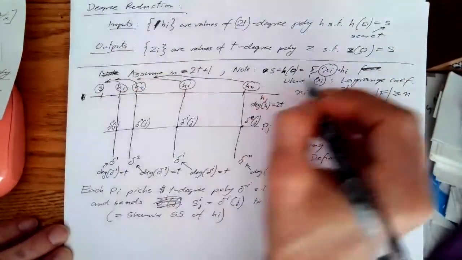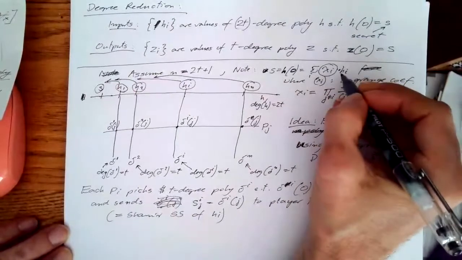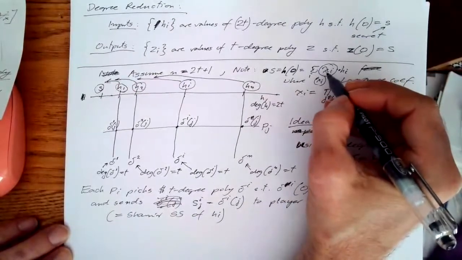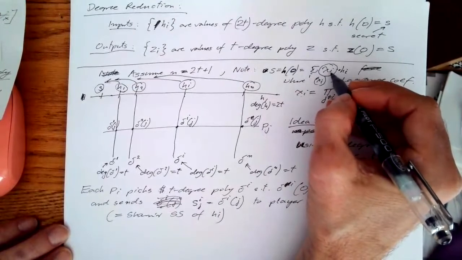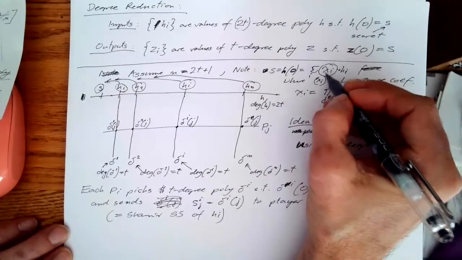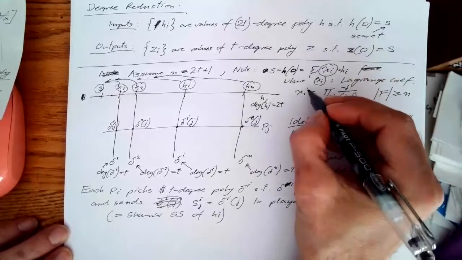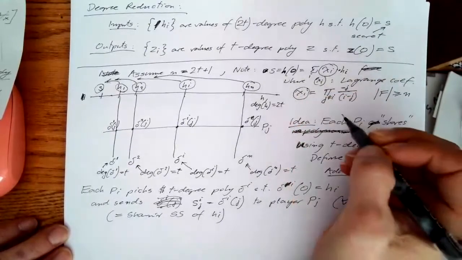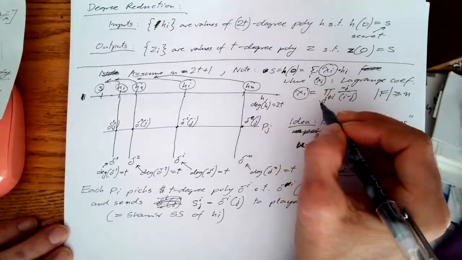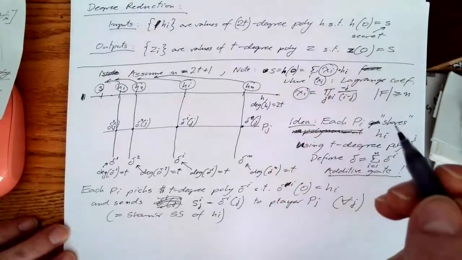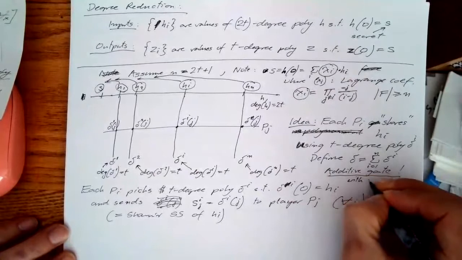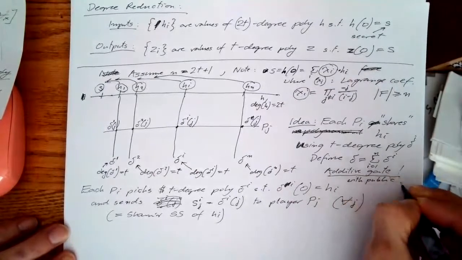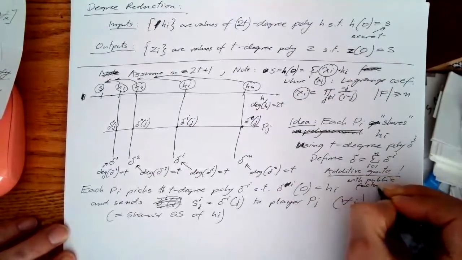The secret is not simply a summation of hi, it's a summation of hi with an added factor, but the factor is public. Everybody knows these factors. So it's an additive gate with public factors.